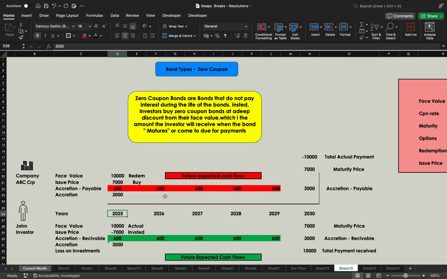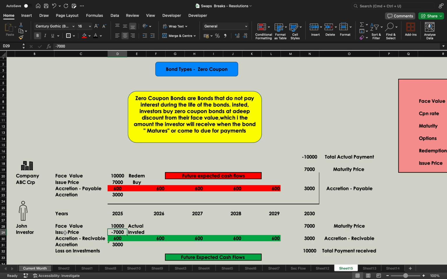The company will redeem the bonds at 10,000. From the investor side, the investor invested only 7,000 but will receive 10,000 from the company. So the investor will treat that accretion as a gain.